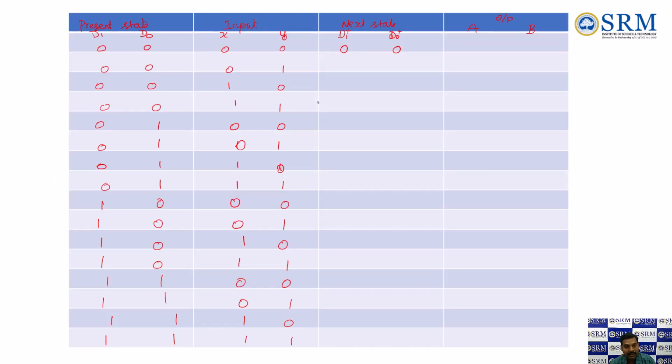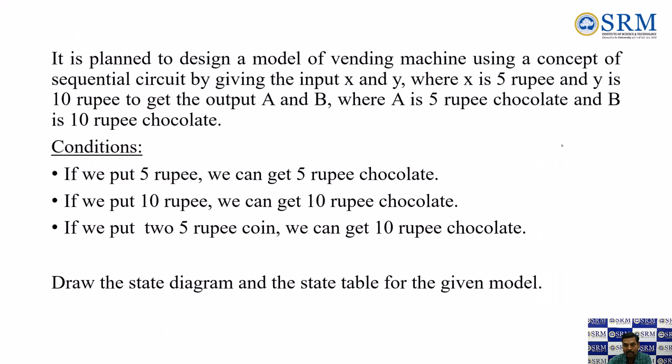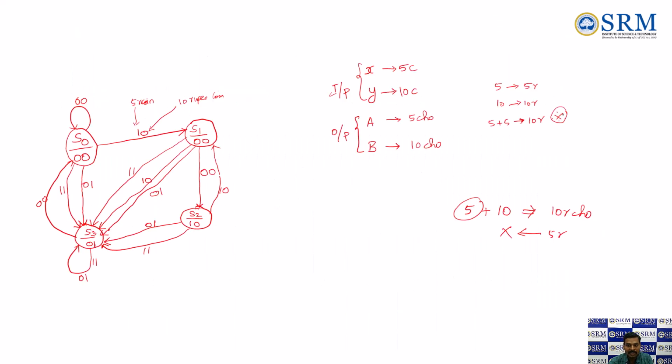Okay, let us complete the state table. Before that, I'm assigning some state numbers. S0 will be considered as 0, 0. S1 will be considered as 0, 1. S2 will be considered as 1, 0. And S3 will be considered as 1, 1.